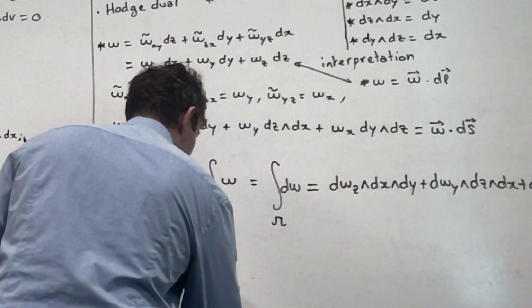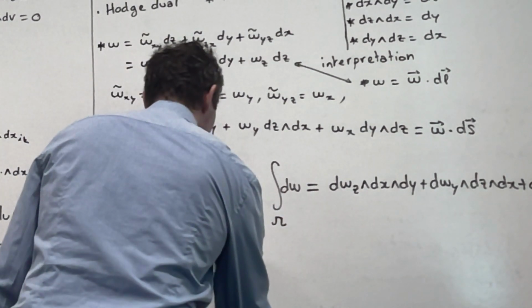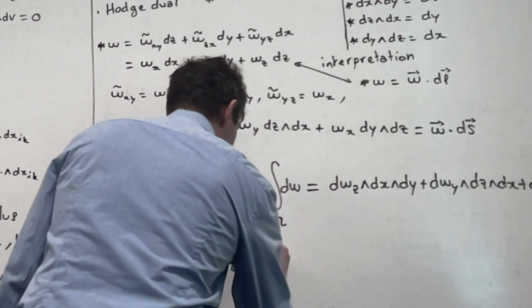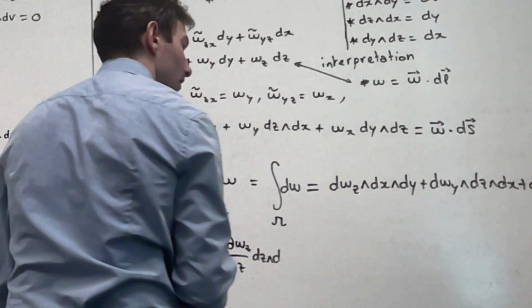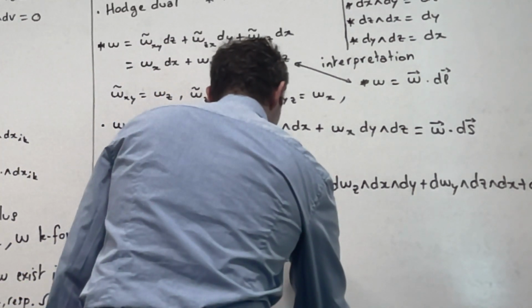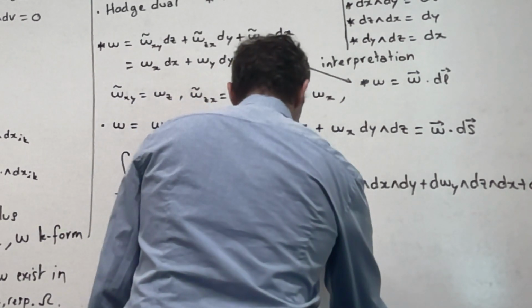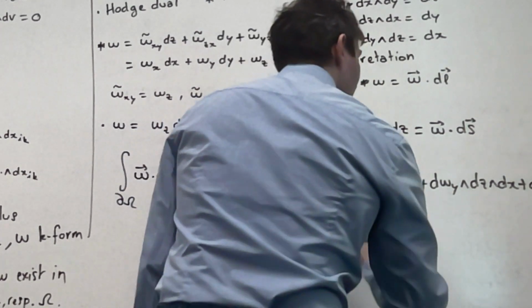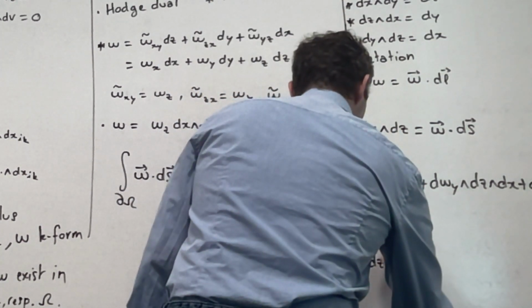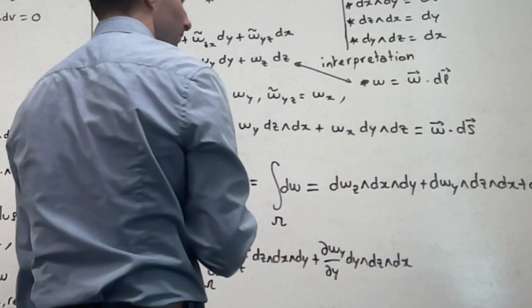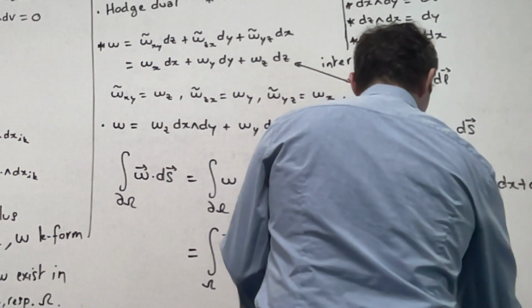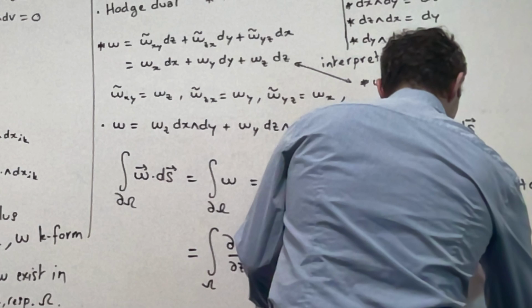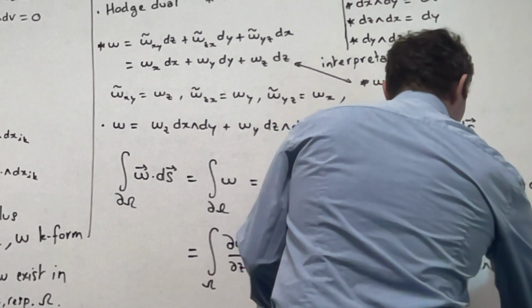So the bottom line is that I'm going to obtain the following. This is the integral over omega of d omega z over dz, dz dx dy, plus d omega y over dy, dy dz dx, and then plus d omega x over dx, dx dy dz.